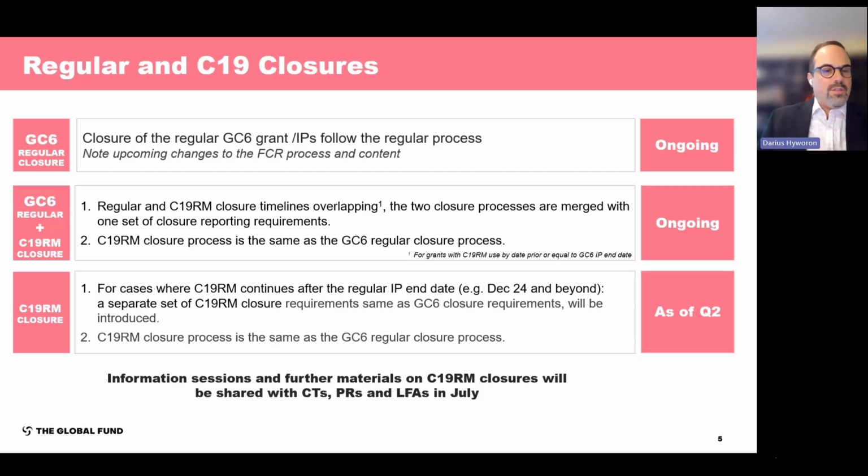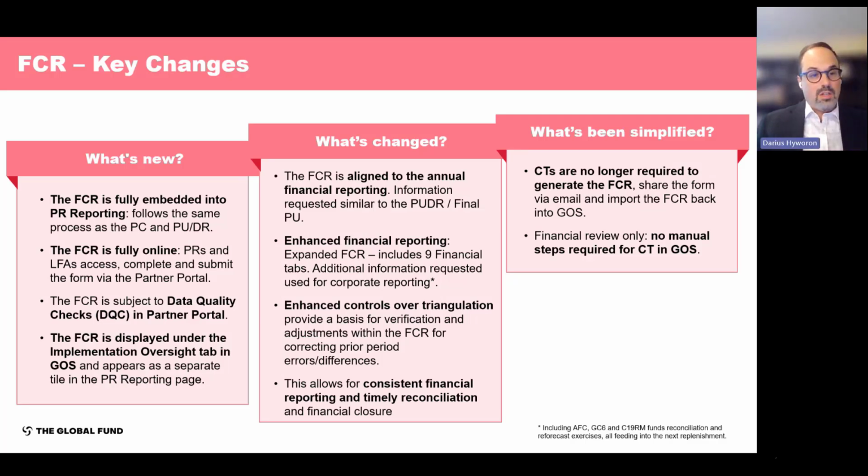Now, just to lay out what's changed and what's new. The FCR has now been fully embedded into PR reporting. As we saw for the PUDR and the last PU, the FCR form, the financial closure report, will follow the same process and will be embedded as part of PR reporting. It is fully online in the same way that the PU is fully online.